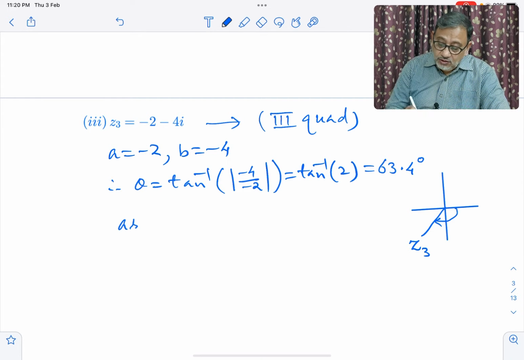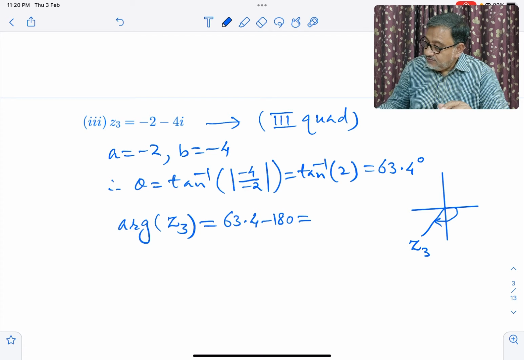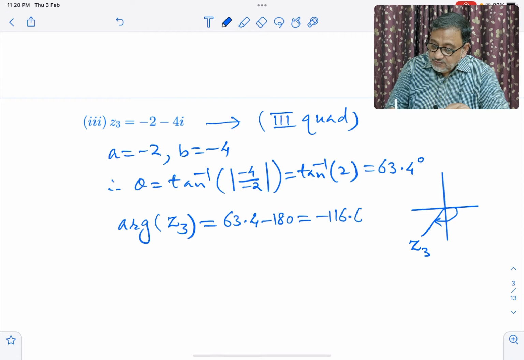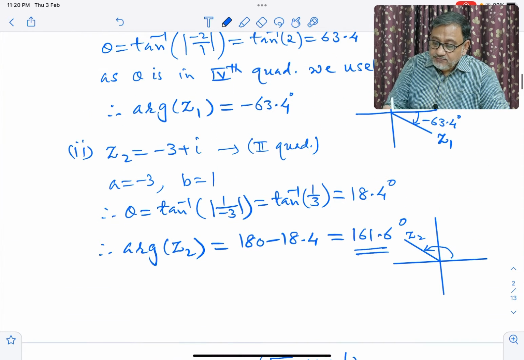So therefore, be careful about it, argument of Z3 will be what? Theta minus 180. So theta means 63.4 minus 180, and it is going to give me minus 116.6 degrees. So this is the answer of the third part.